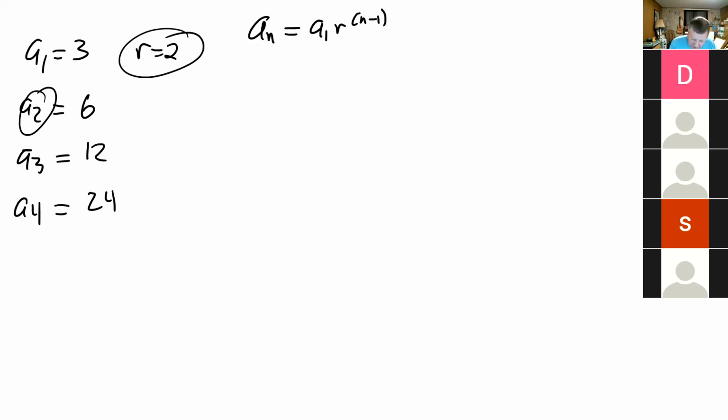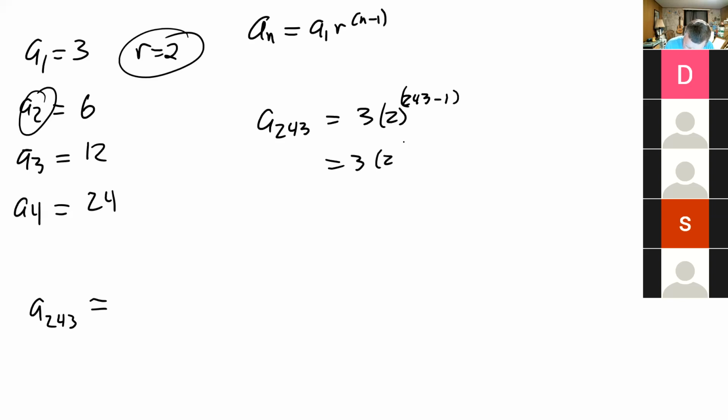Now, what if it said, what's a sub 243? Obviously, you wouldn't want to sit there and go a sub 5, a sub 6, a sub 7, a sub 8. So let's find a sub 243, okay? So a sub 243 would be 3 times 2 to the 243 minus 1 power, which would be 3 times 2 to the 242 power.